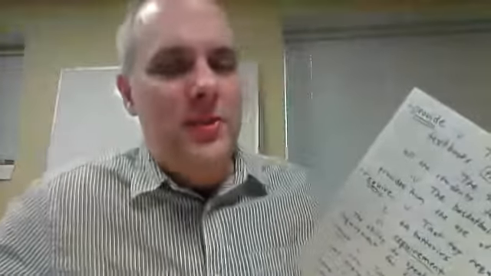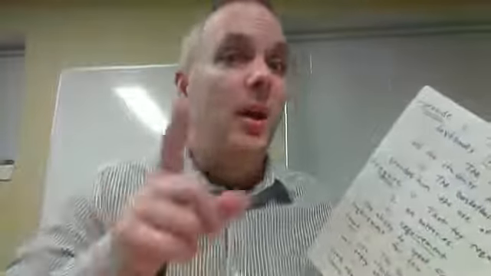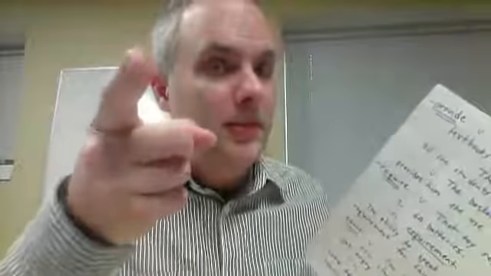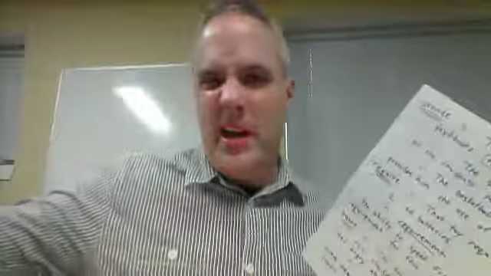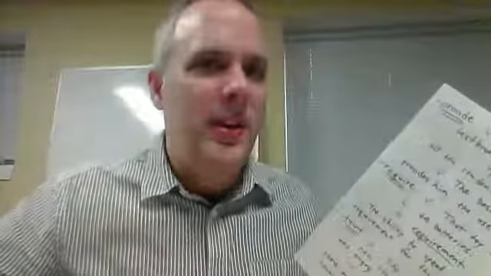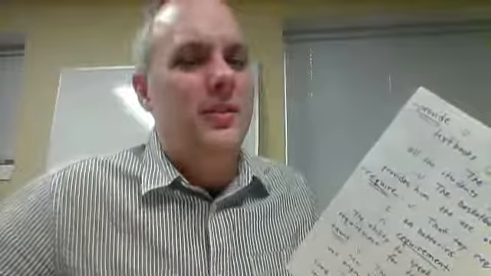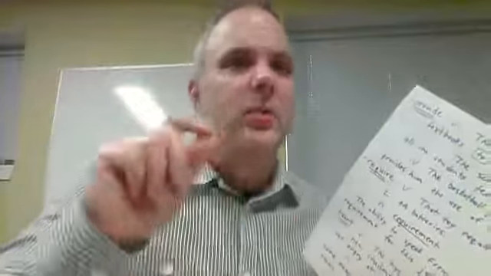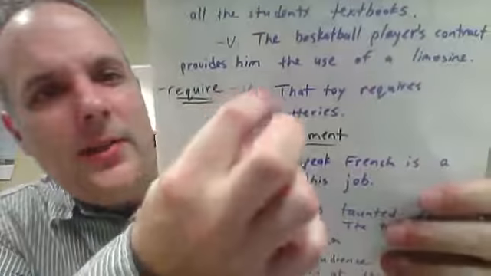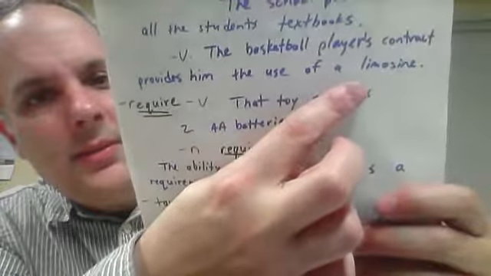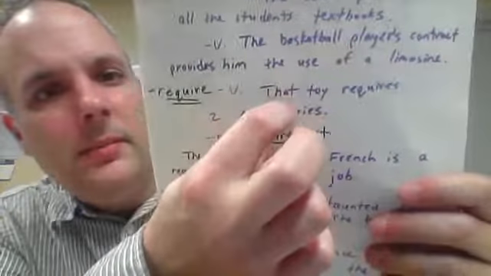So when the person signed, oh, I love this New York team, I will sign. But before I sign, I want a limousine from my house and back to the games, okay? I don't want to drive my car. So the New York basketball team will say, okay, and they sign the contract. And then, the basketball player's contract provides him the use of a limousine. Okay, so the basketball player gets the limousine.